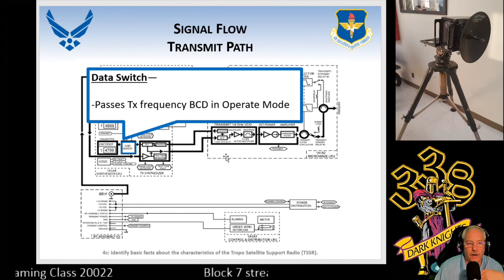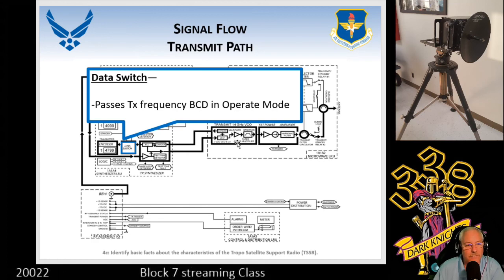So we left off with the multiplier. The multiplier is going to generate a bunch of harmonics because that's what it does. When we get into the bandpass filter, in the tech order, it's going to tell you that we have approximately a 20, it was more like 200 gigahertz bandpass in here. 200 gigahertz?